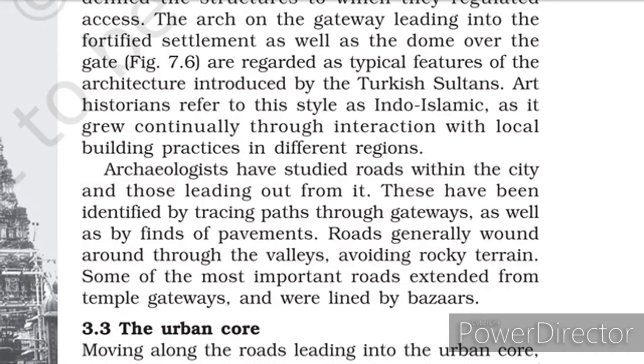Okay, then according to the archaeologists, roads usually wound around, meaning they moved around the valleys and avoided the rocky landscape. They made the roads in such a way that they did not have to go through difficult terrain. They would always look for areas which were easy to cut or easy to construct roads on, and they would move towards all these beautiful areas within no time. Important roads were extended from temple gateways to the markets.